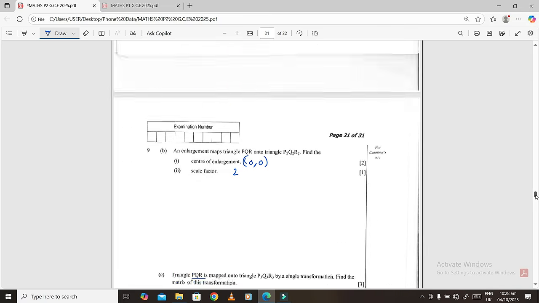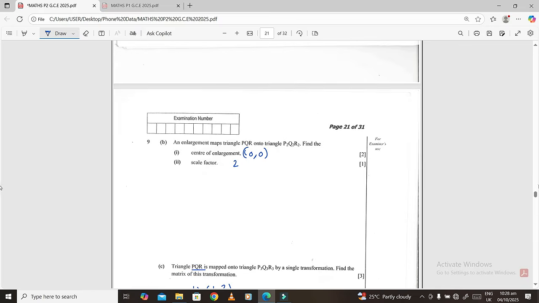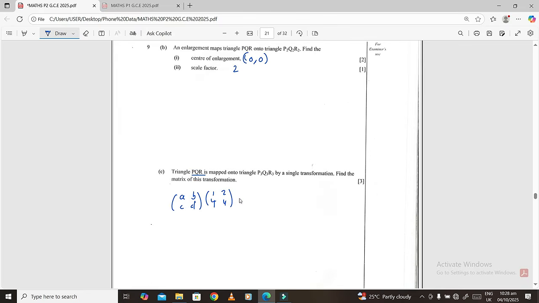So let me just confirm. 1, 4, 2, 4. For this one, I'll start with a P again, negative 3, 4. So we shall say equal to negative 3, 4. The other one is negative 6, 4. So let me just confirm again.